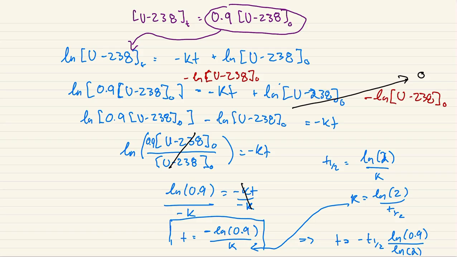And see what I get when I plug in everything. So that's my calculator. The half-life was 4.5 times 10 to the 9, times parentheses 0.9 natural logarithm in parentheses, divided by parentheses 2 natural logarithm.